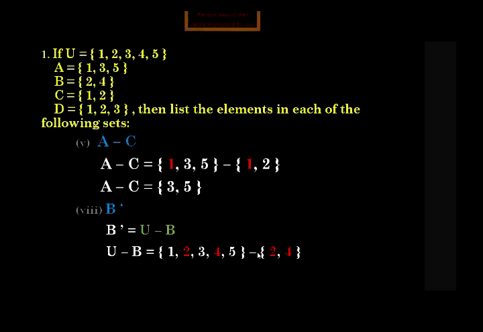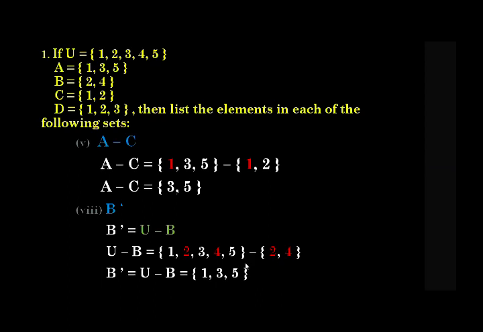Then put the sign of difference. Then we will write the elements of B, and the elements of B are 2 and 4. Now we will take the difference of both sets. What are the common elements in both sets? 2 is present in the universal set. It is also present in set B. So 2 is a common element and 4 is a common element.